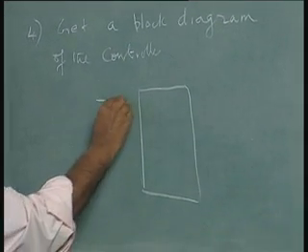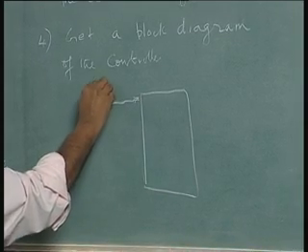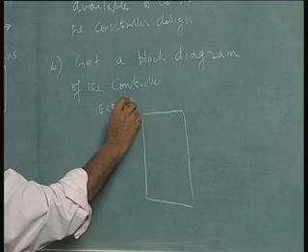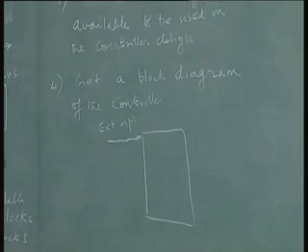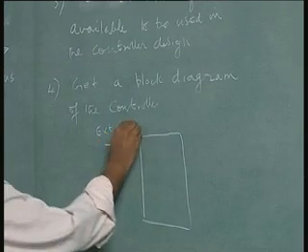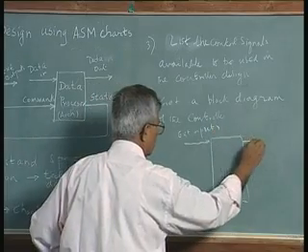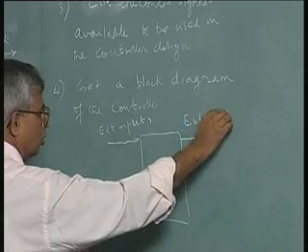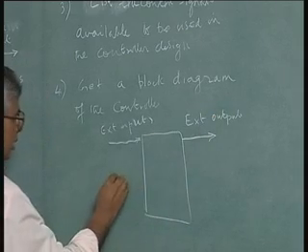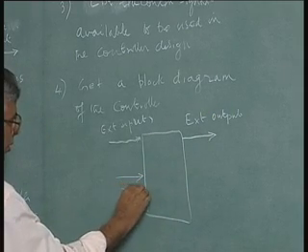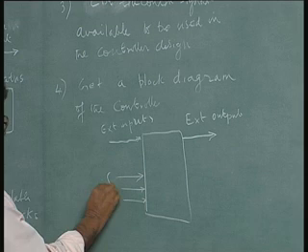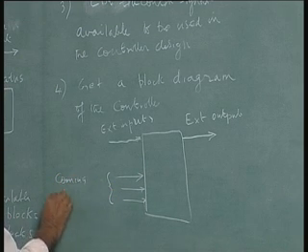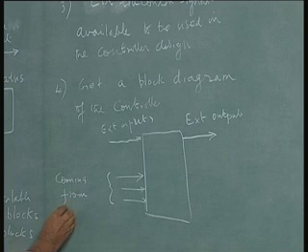As I said, external inputs, external outputs. These are the control signals which are available coming from functional blocks.